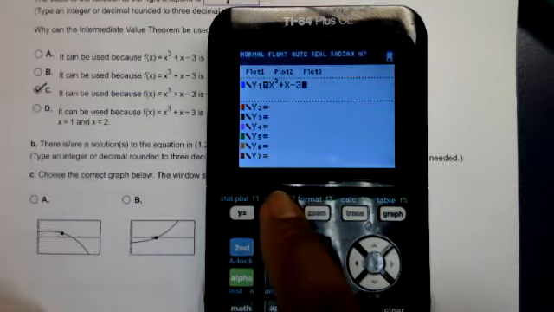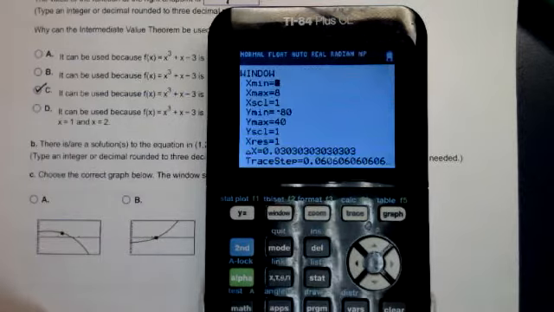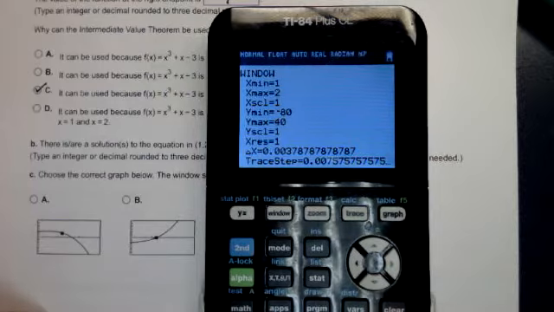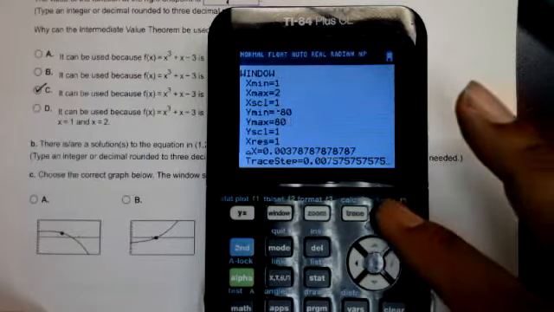And I'm going to go ahead and press the window key. Now my interval is from 1 to 2 as given in the problem. So my x min will be 1, x max will be 2, y scale will remain at 1. And I'm going to let y min be, let's just do this from -80 to 80 and then hit graph.